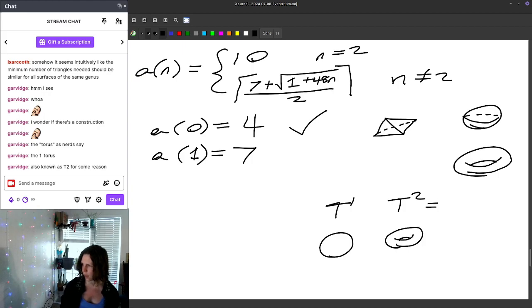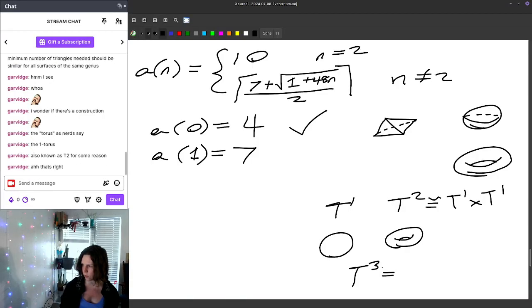And for higher dimensions, like the 3-dimensional version of the torus, you could think of it as T1 cross T1 cross T1, and so on and so forth for the higher dimensional ones. So that's kind of why that's like that, I think. Anyway, the circle is the one-dimensional donut.